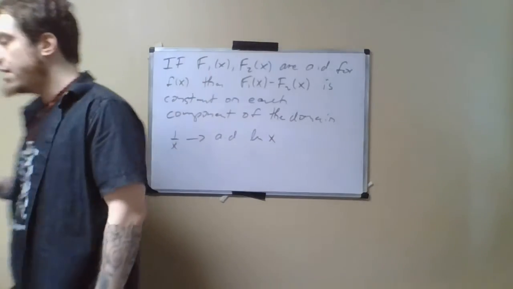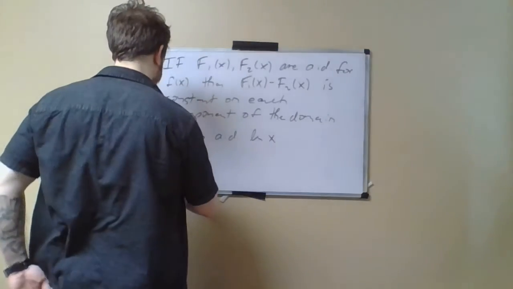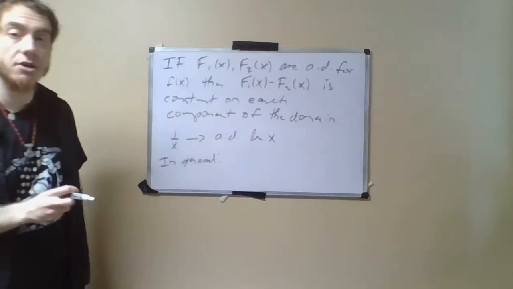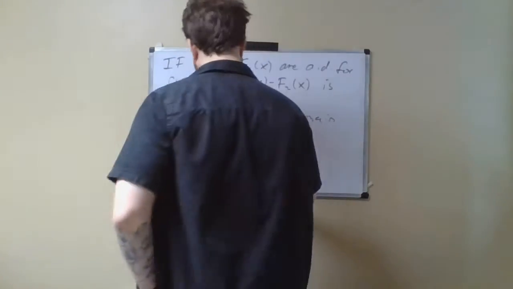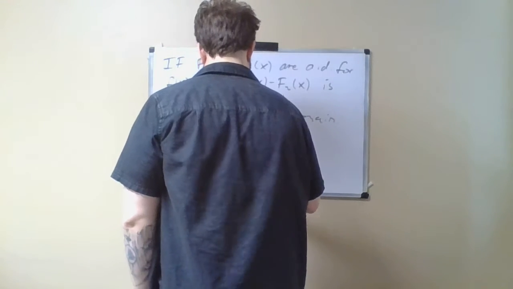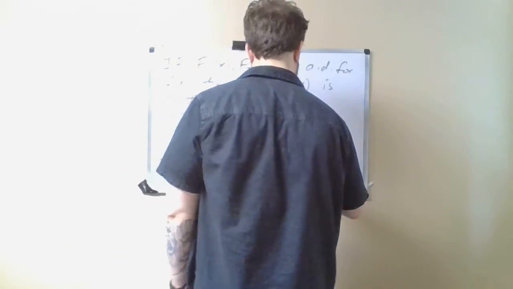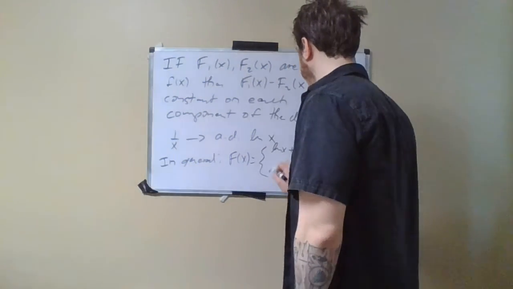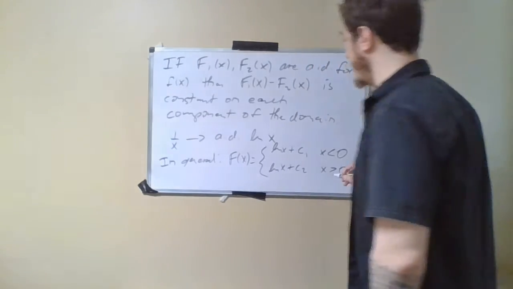Now, the thing is, the most general form of an antiderivative for 1 over x, though, it's not just log x plus a constant. It is actually going to be a piecewise defined function, which is log x plus c1 when x is less than 0, and it can be log x plus c2 when x is bigger than 0.